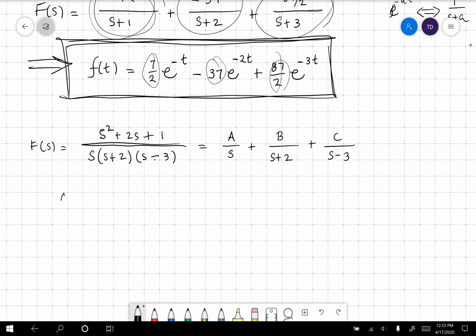And so this is twice the imaginary part of P. So what we have is P minus the conjugate equals j times twice the imaginary part of P.